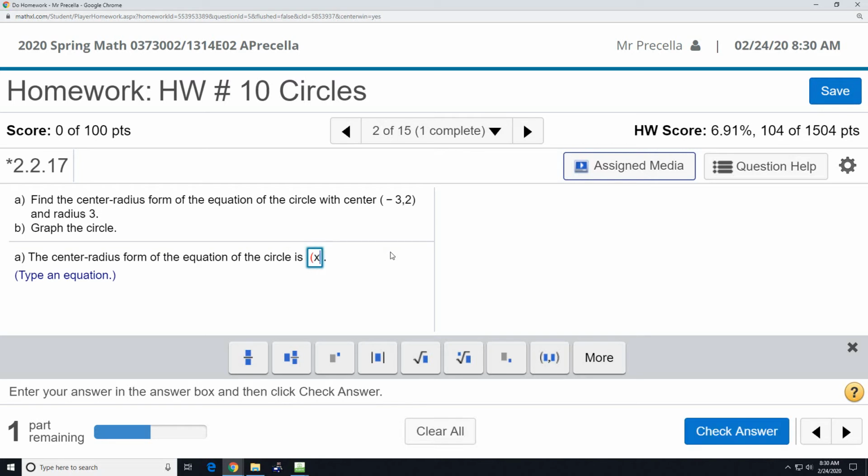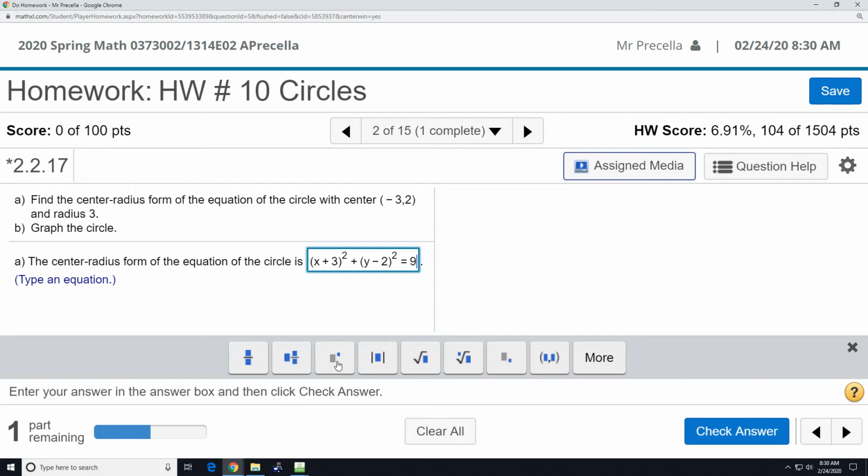Parentheses, X plus 3, close parentheses, squared, right arrow, plus parentheses, Y minus 2, close parentheses, exponent squared, right arrow, equals 9.